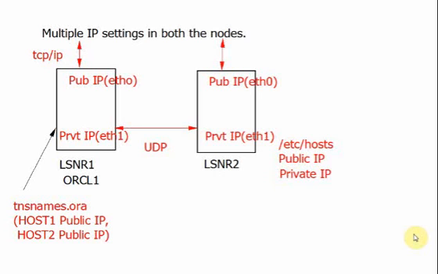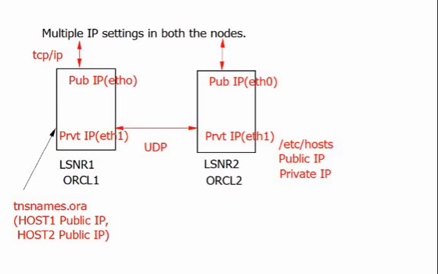That means when you are trying to connect, in the tnsnames.ora you have host 1 public IP and host 2 public IP. When you try to connect, you look for the first IP, you resolve the IP, and you come to the particular node. On the node, there is a listener running. The listener is listening for the database instance service, and finally you find the service and you get connected.